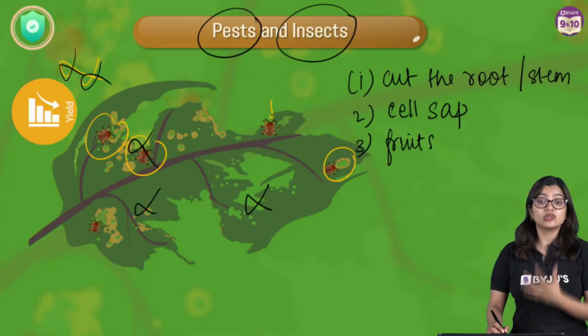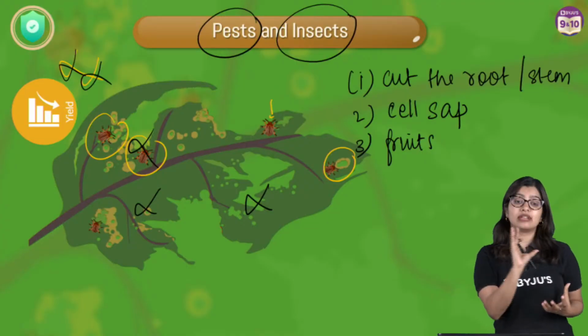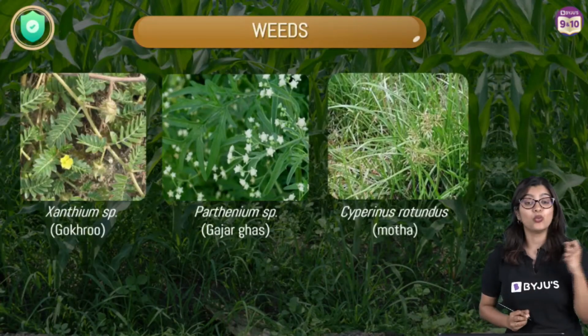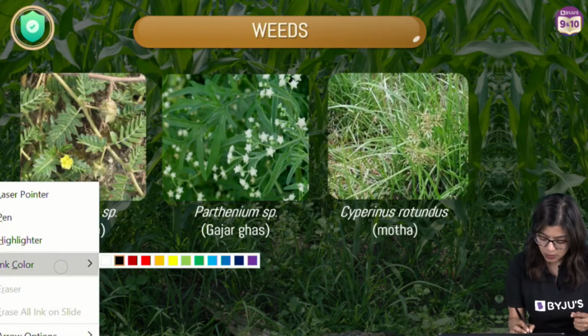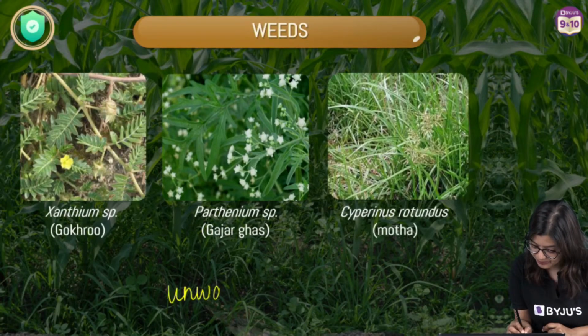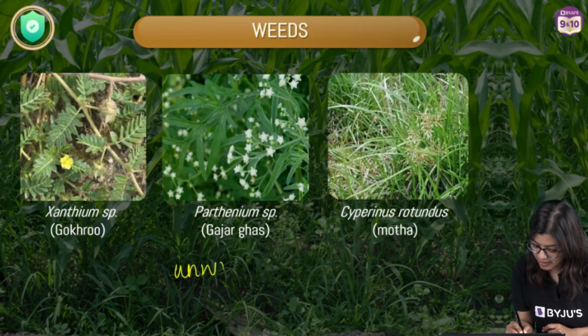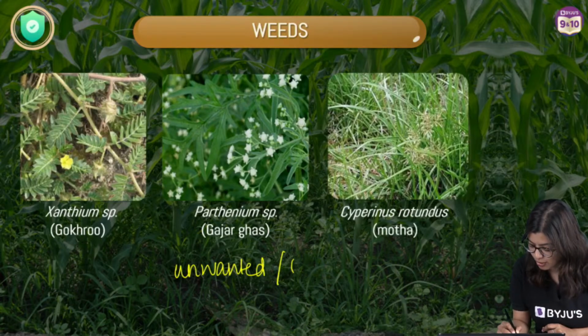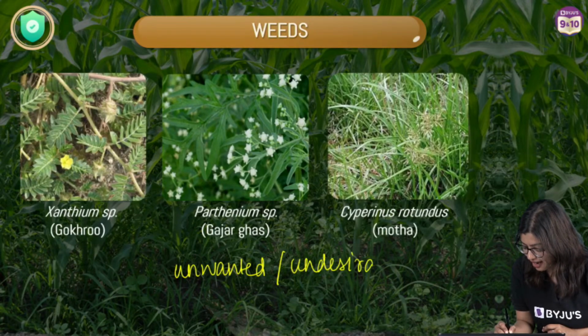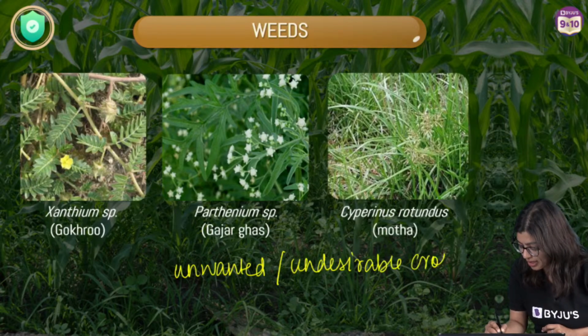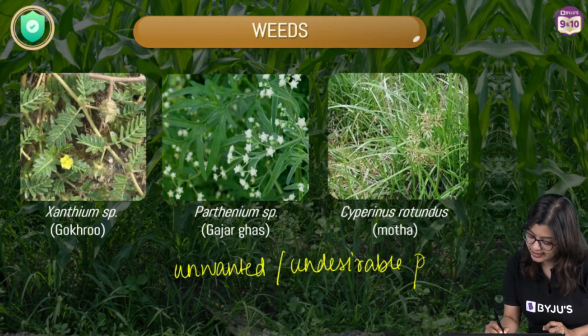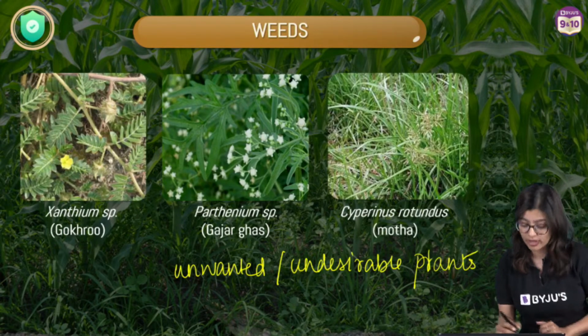Similarly, another issue that farmers face is weeds. What are weeds? Weeds are unwanted, or I can say, since it is very late in the night, my spellings are going haywire, please don't mind, undesirable plants that grow along with the crops.